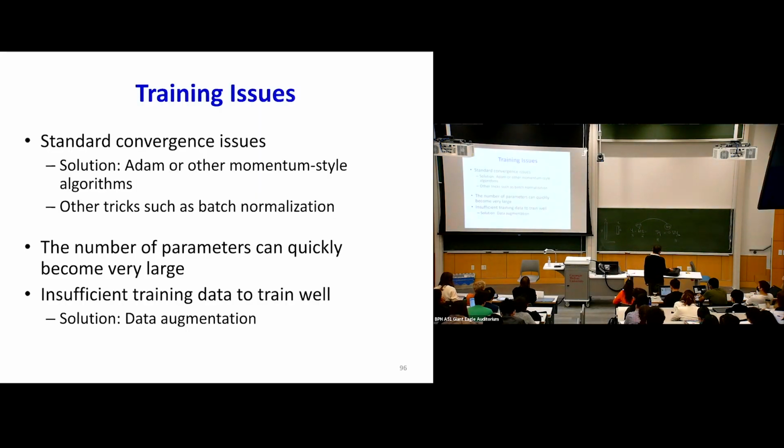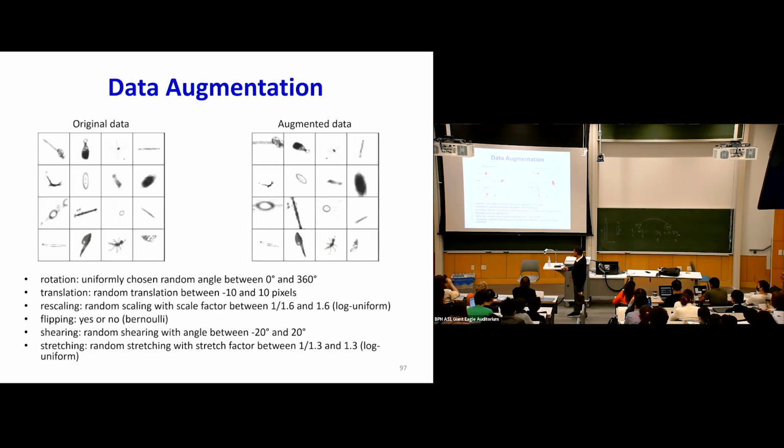So when we train, you have all the standard convergence issues. ADAM or other momentum style algorithms are required. You need dropout, all of these things. You're going to encounter this in the homework. The number of parameters can quickly become very, very large, so you will get insufficient data to train well. You need data augmentation, which is to say that you're going to take your data and distort and transform them and add noise and make many copies of it to augment your data.